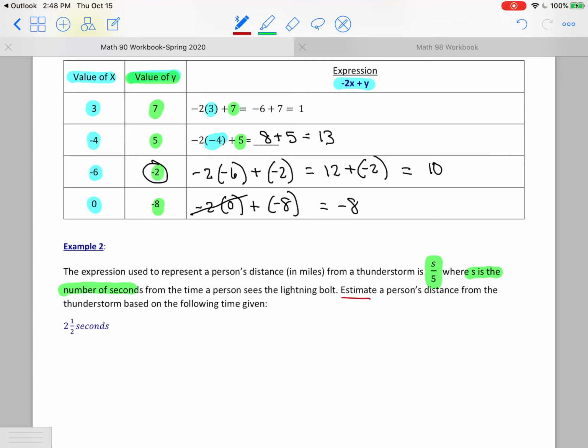What we're doing is estimating the distance from the person to the thunderstorm. And the given piece of information here is 2.5 seconds. So s is equal to, now we know we can't do any work here with our mixed numbers, so we're going to want to convert that into an improper fraction. So s is going to be 5 halves seconds, 2.5 seconds.